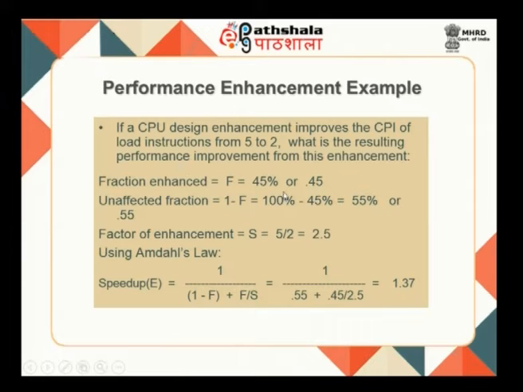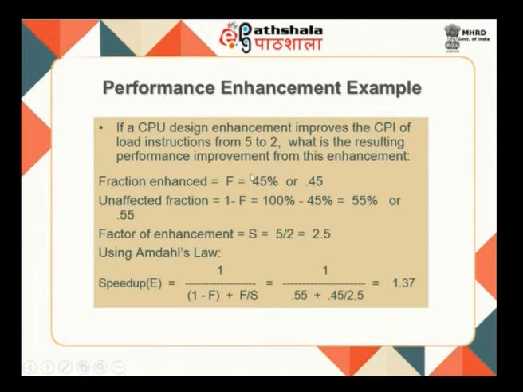Now, suppose you try to bring in an improvement here. If a CPU design enhancement improves the CPI of load instructions, reducing the number of clock cycles for loads from 5 to 2, what is the resulting performance improvement from this enhancement? If you calculate this, the fraction enhanced is going to be 45%, because from the earlier calculations you know that loads constitute 45% of your execution time.